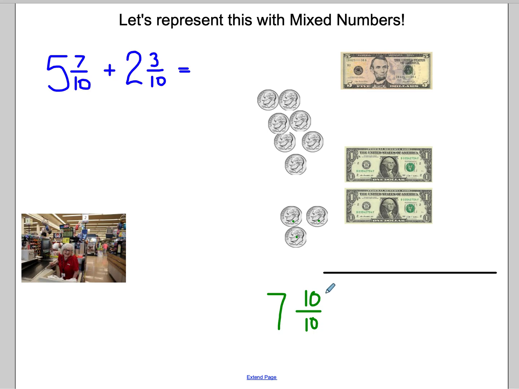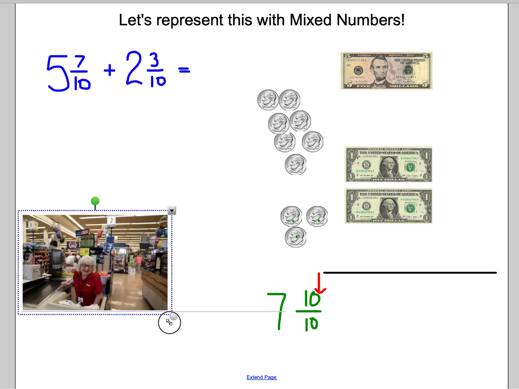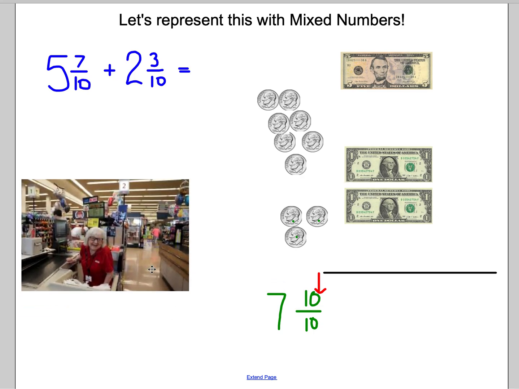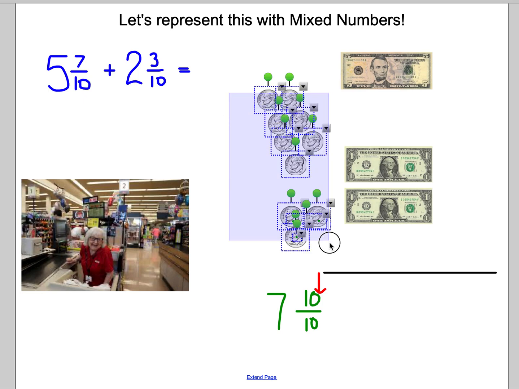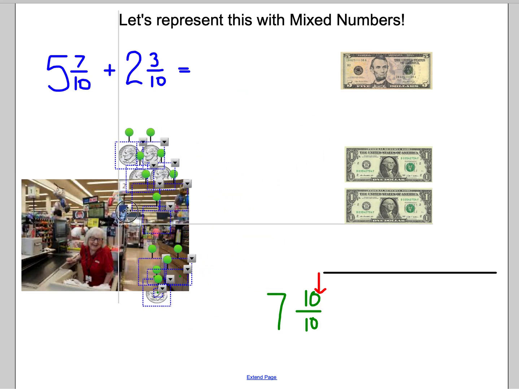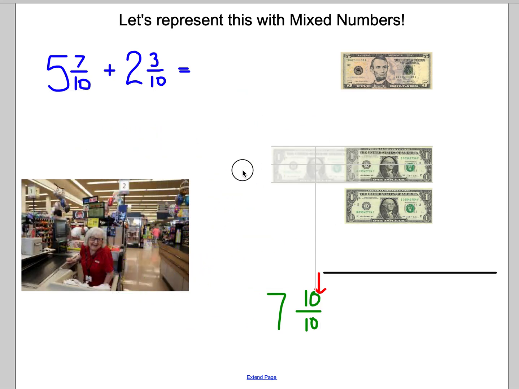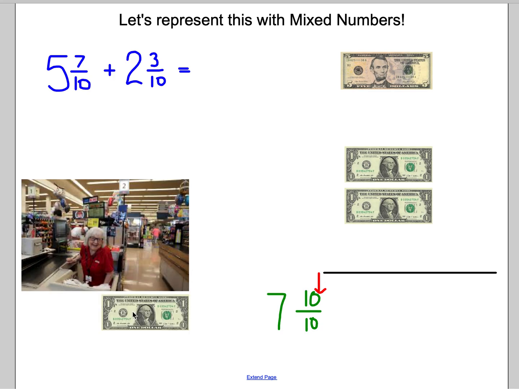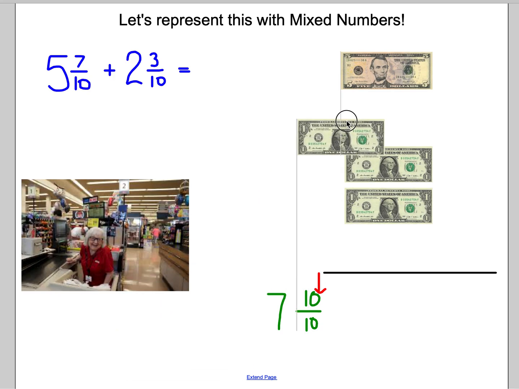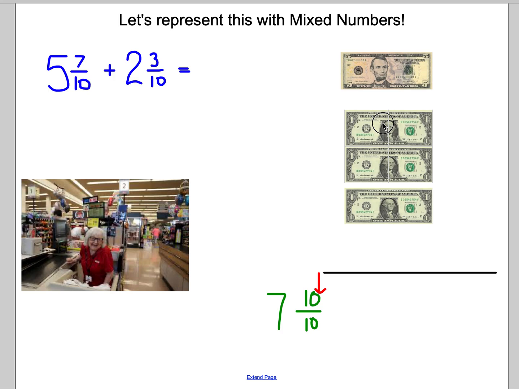Well, I want you to look at this right here and go, when our numerator and our denominator are the same, we can actually trade them or convert them for another whole. So let's assume this really nice lady is going to take our dimes for us, and we're going to go ahead and take all of our dimes, all 10 tenths, and we can turn them in, and she'll give us $1 back. 10 tenths is a whole.